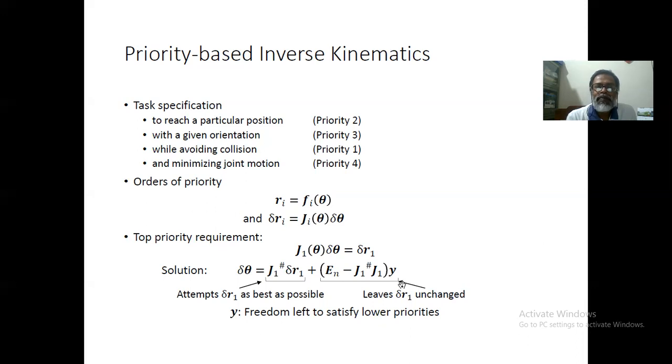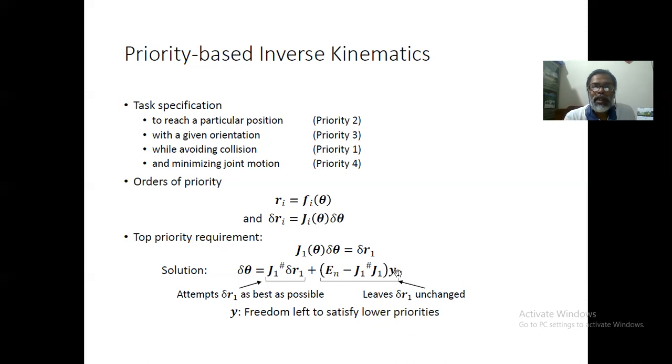Now you can say that this n by n identity matrix is known, this is known, this is known. Y we can choose as anything in this description of delta theta, and any Y here will give me a motion which satisfies this without any problem, just as much as this did, because this falls in the redundant space of J1.